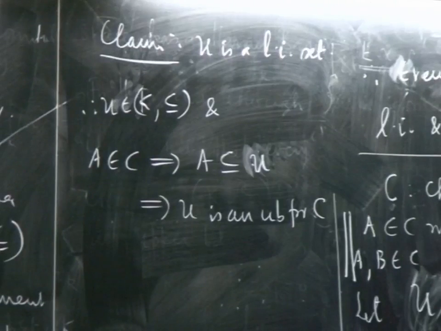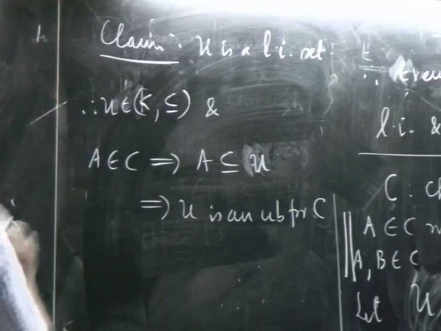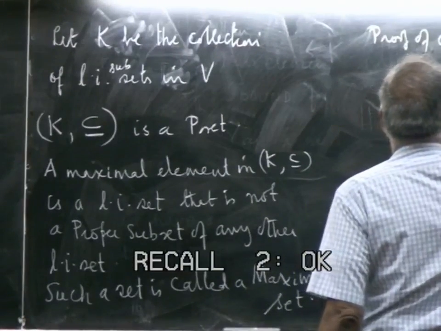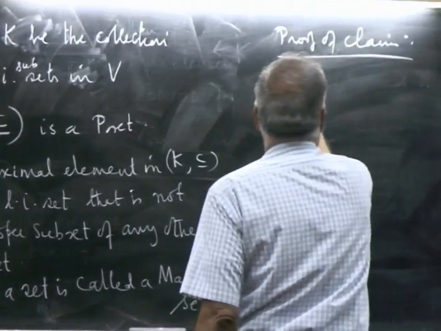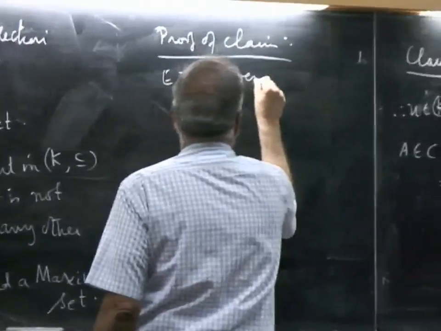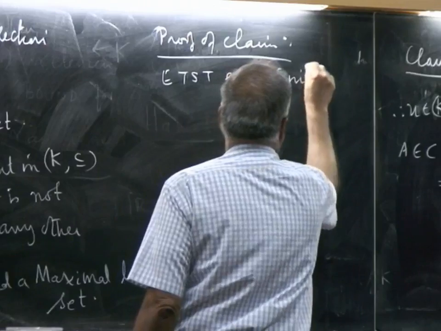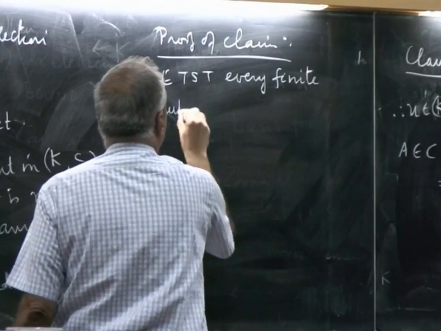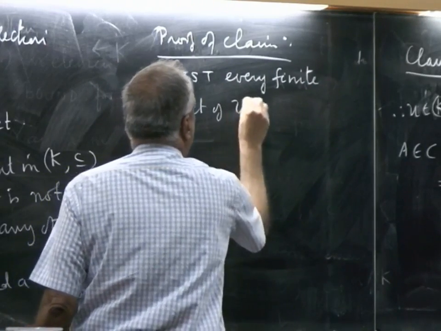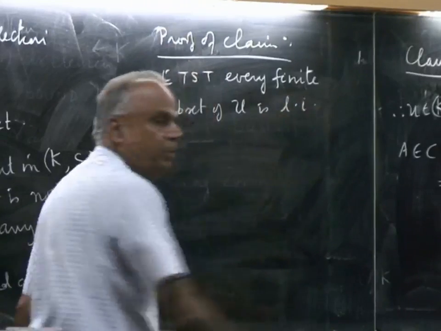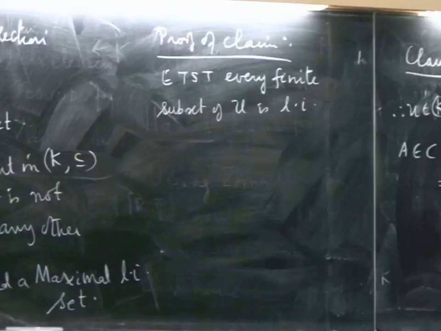So, the proof of the claim. It is enough to show that every finite subset of U is linearly independent. Because in order to show that something is linearly independent, we have to show that every finite subset is linearly independent.